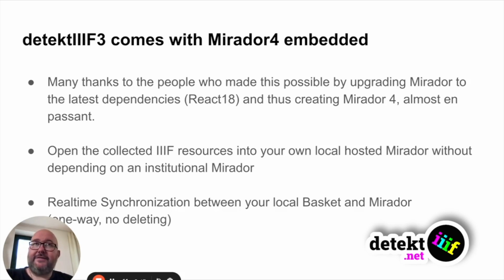Once you have such a Mirador 4 instance in your browser, the basket of the DetektIIIF extension and the resource collection inside this Mirador 4 instance is real-time synchronized. So each and every time you collect a new resource from a web page, it is immediately added to the Mirador 4 instance.